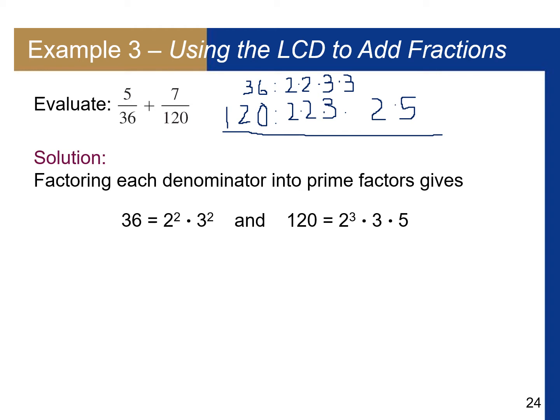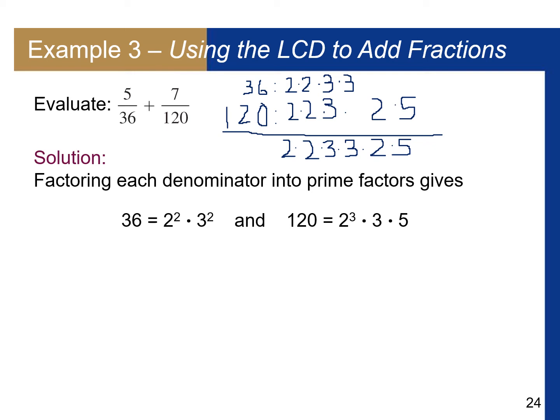All right. So now when I want to find my LCD after I spread it out like this, if I bring 1 down from every single column, I have 2, 2, 3, 3, 2, and 5. And once I multiply all of these together, I'll have 4 times 9 times 10.